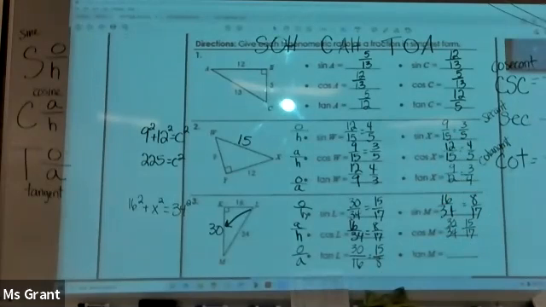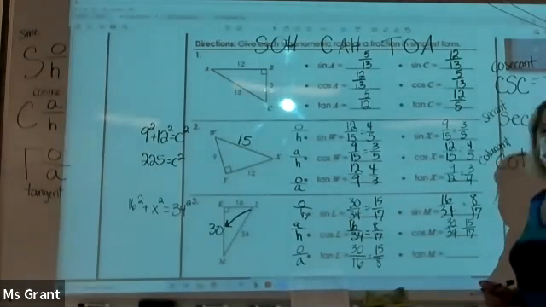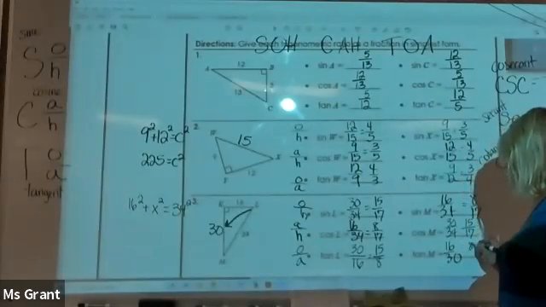Okay. Last one, yay, tangent of M. 16/30. And that is 8/15. 8/15. Yeah. Phew, great.